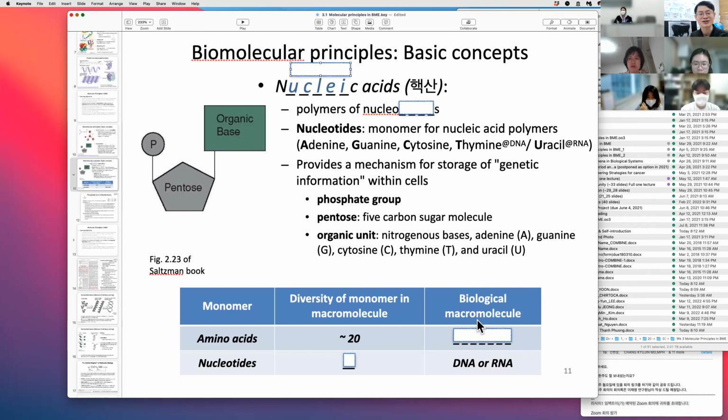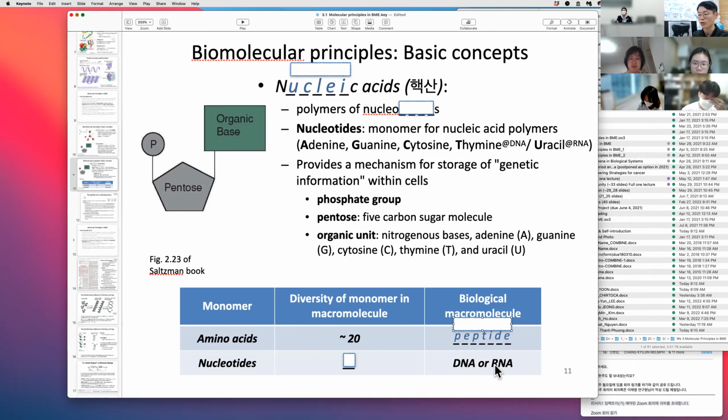What's the macromolecule? Yeah, so that's a peptide. Amino acid makes a peptide, and multiple peptides come together as a polypeptide. And in the end, we generate a protein molecule. Does it make sense?